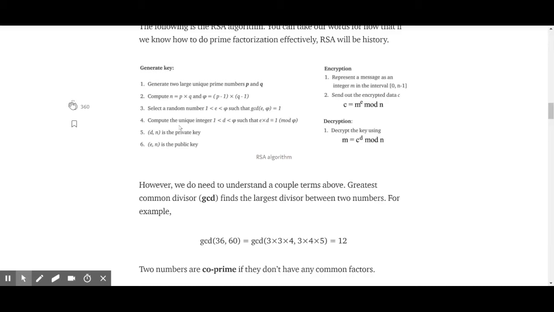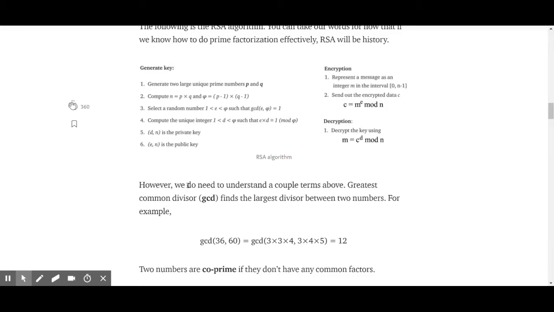Compute the unique integer d such that e times d equals 1 mod this, and then this is the private key, and this is the public key. Okay. Represent a message as an integer m. Send out the encrypted message as this.